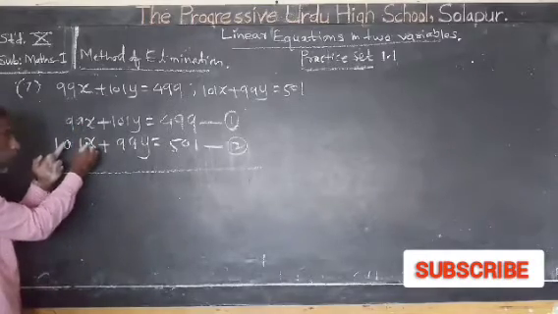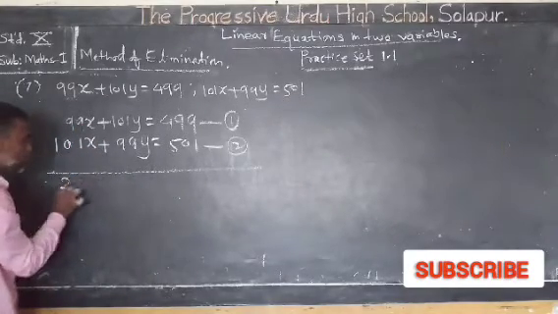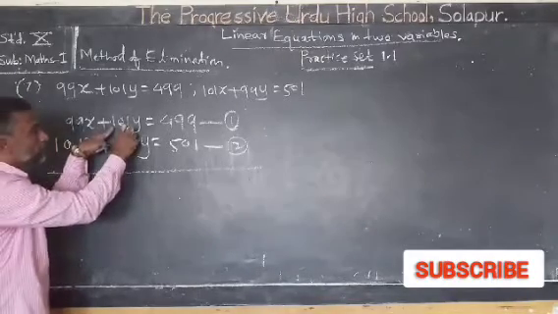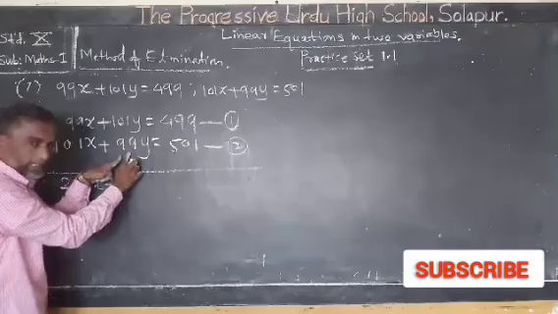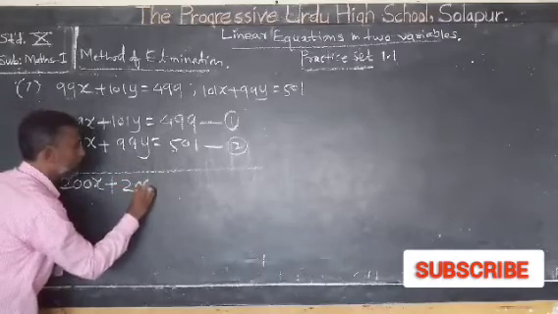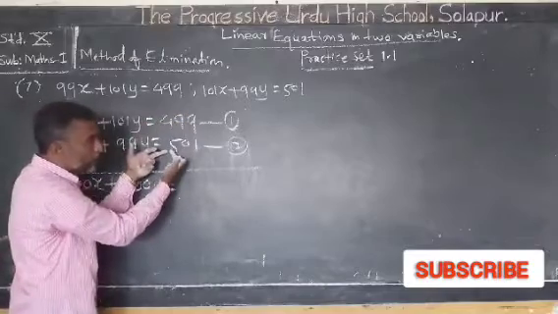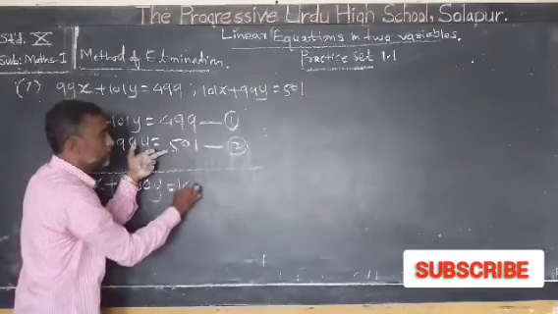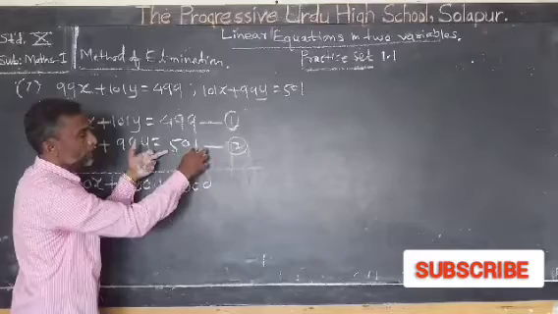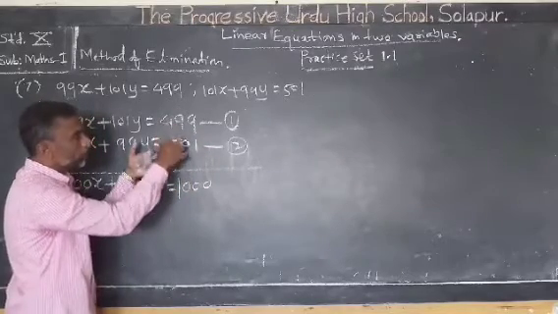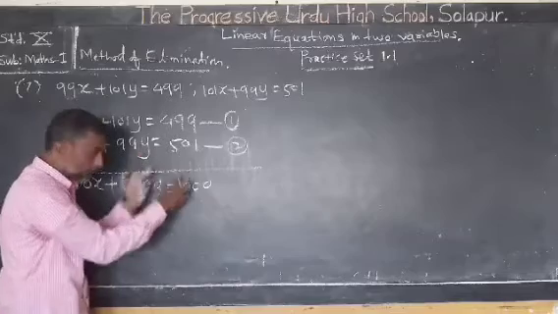99x plus 101x means 200x, plus 101y plus 99y means 200y, is equal to 499 plus 501 means 1000. 9 plus 1 is 10, carry 1; 9 plus 1 is 10, carry 1; 4 plus 5 is 9, plus 1 is 10.